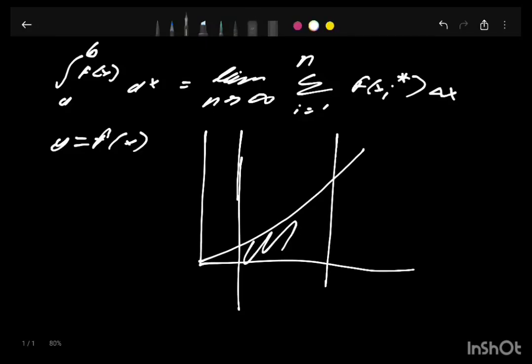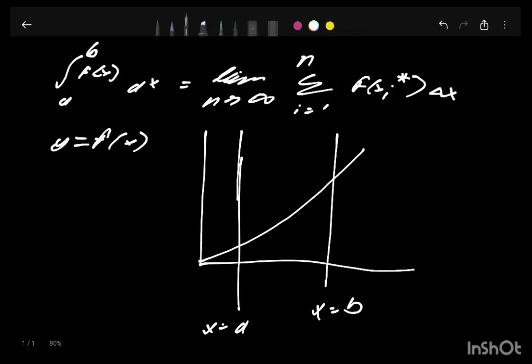So basically this area right here. Now these vertical lines can be written as x equals a and x equals b. Our goal here is to find the area under the curve that is bounded by x equals a and x equals b.